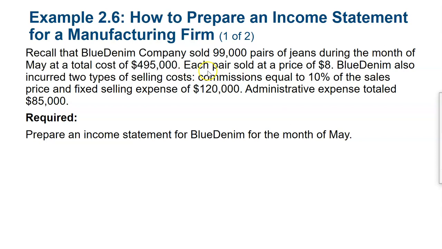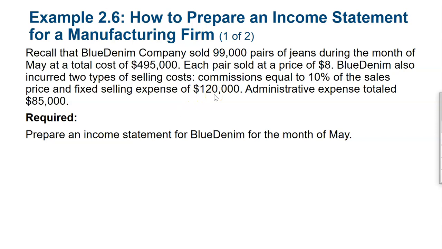Now we're getting some information on sales revenue. It says each pair sold at a price of $8 each. They also have two types of selling costs: commissions equal to 10% of the sales price, and then we also have fixed selling expenses of $120,000.